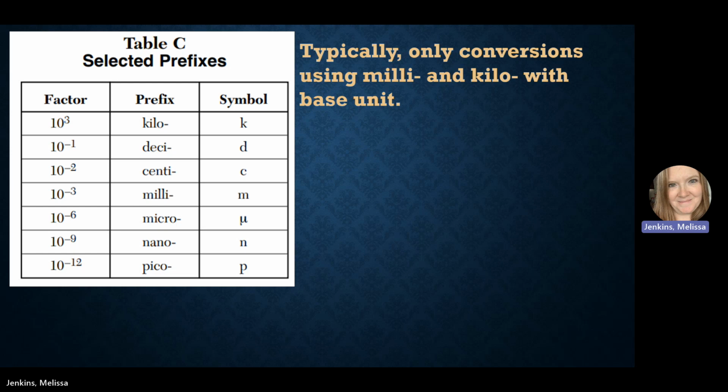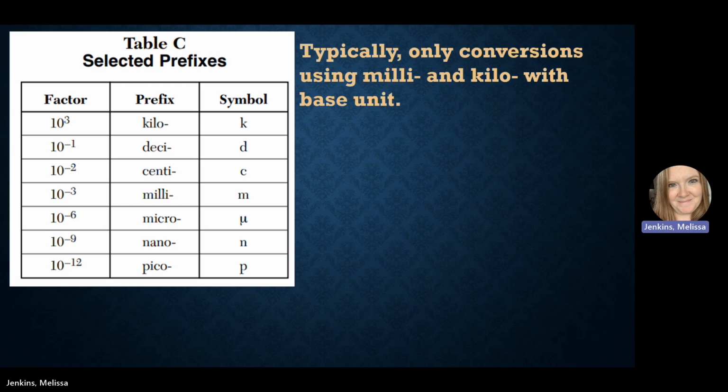Table C, you barely have to use, but you could have to use kilo or milli for conversions. Do you remember how many milligrams are in 1 gram? If you remember 1,000, anything that's milli, in 1 whatever, gram, liter. And how many grams are in 1 kilogram? Also 1,000.